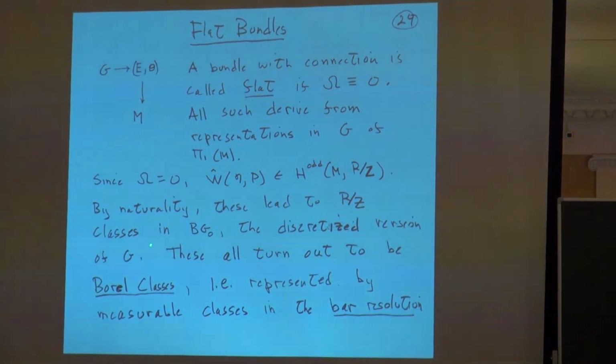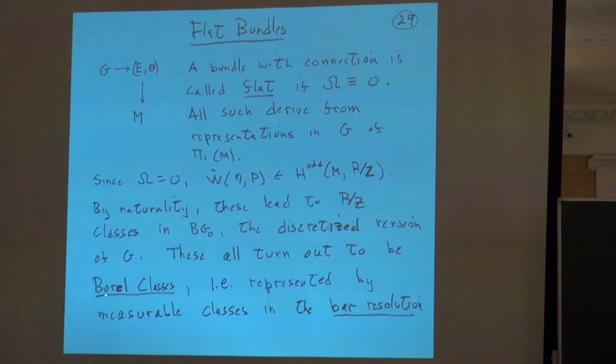Go back to that line, omega 0, then what? Odd, because they're all odd classes, because it's one dimension less than the form. Oh, it's omega hat, yeah. Okay. They're all odd classes there.